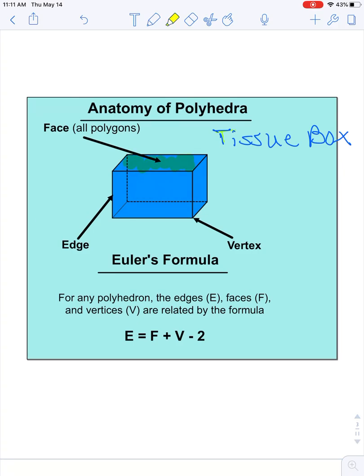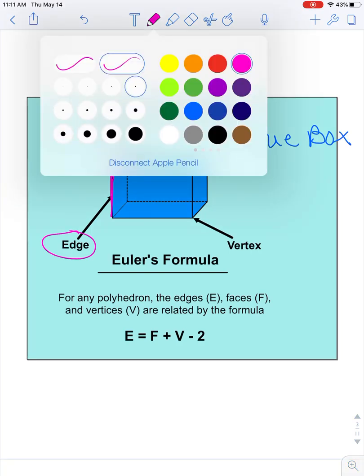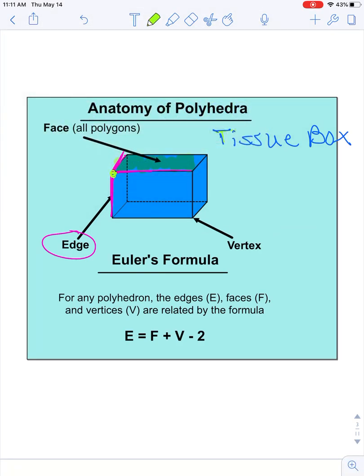There's one face. Here's one edge right here. Here's another edge. Where these faces and edges come together, that's where we find a vertex, like right here. Here's another one right here.